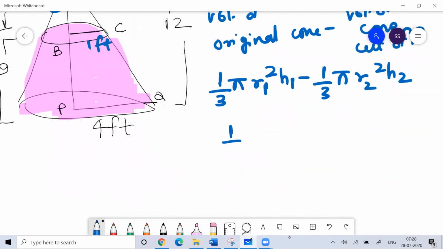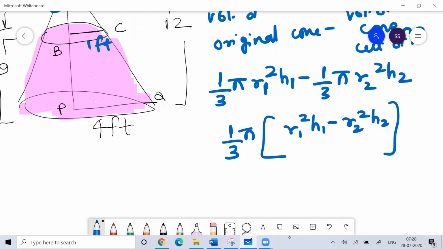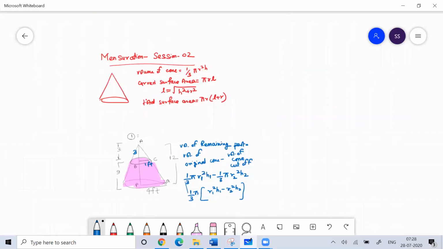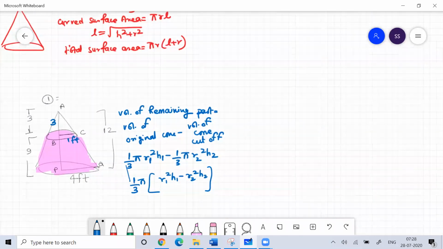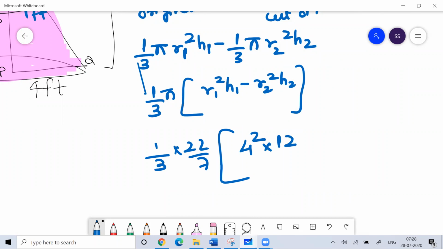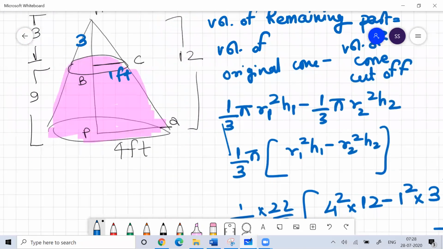So this I can write as 1 by 3 pi into r1 square h1 minus r2 square h2. So 1 by 3 into 22 by 7, then r1 was 4, so 4 square into 12 minus r2 is 1, 1 square into 3.